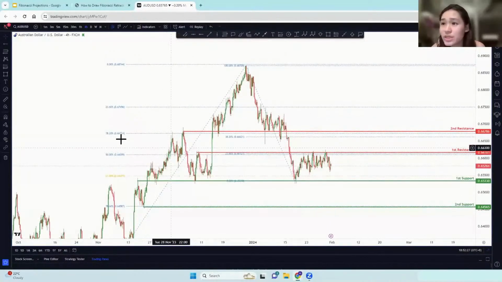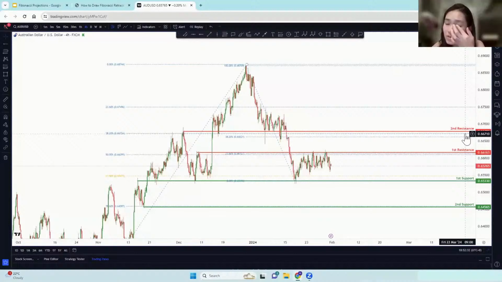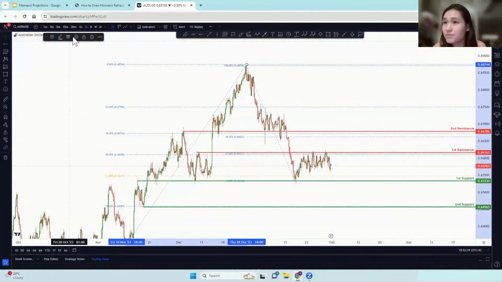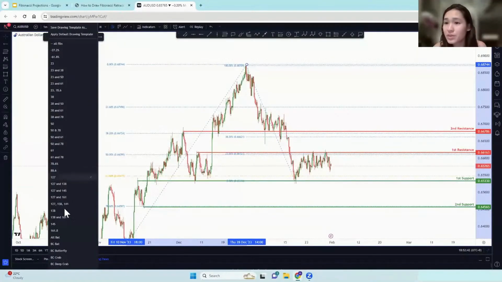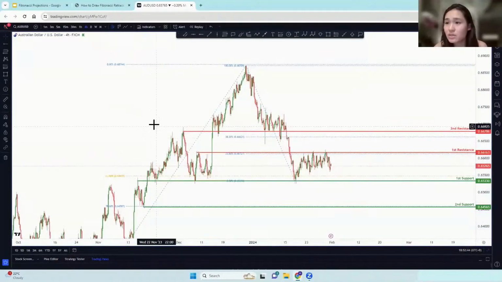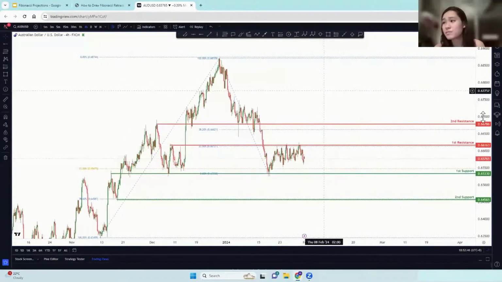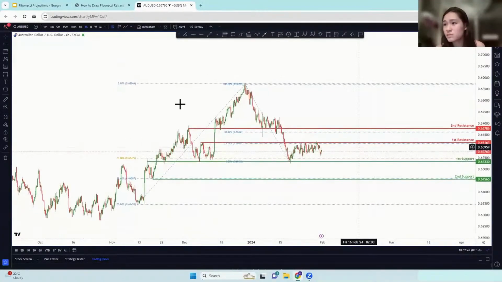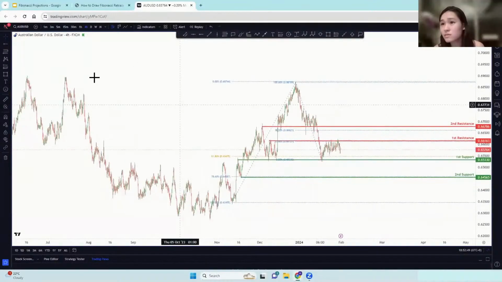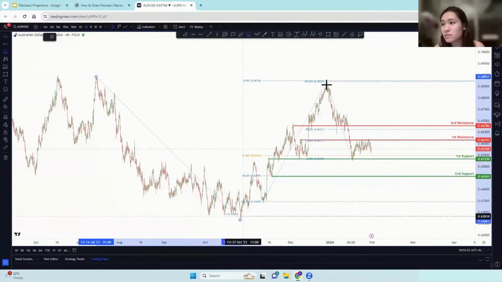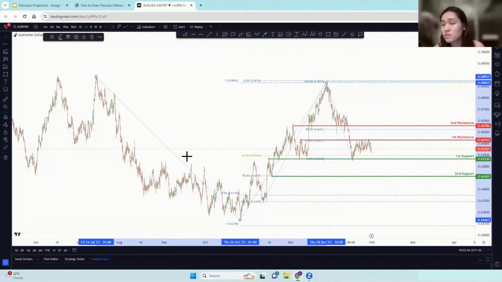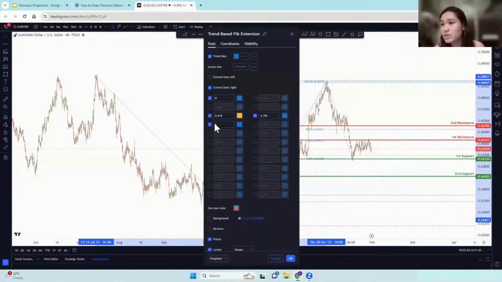Even though this 38.2 lines up with the second resistance, we can't use it because price has already broken out of that level. Same goes for this 50%. So we can only keep our 61 and 78. And my 61 also lines up with my second support.